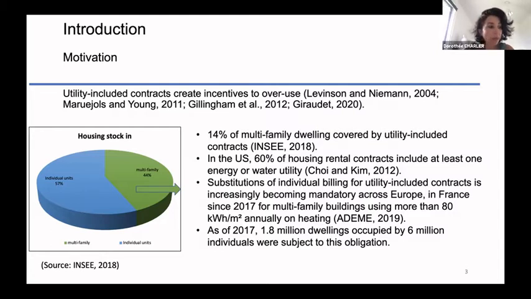But individual billing can be fair only if we consider that there are no vertical or horizontal heat losses, for example. And almost 1.8 million dwellings occupied by 6 million individuals are subject to this obligation of individual billing in France.